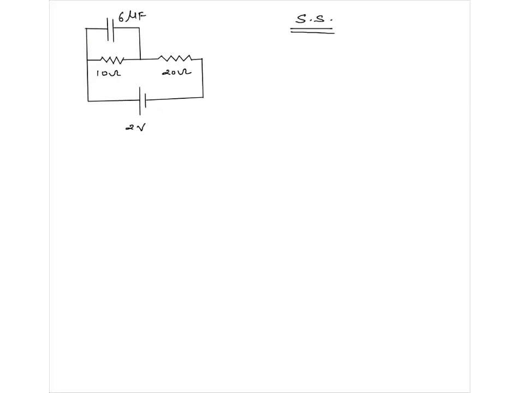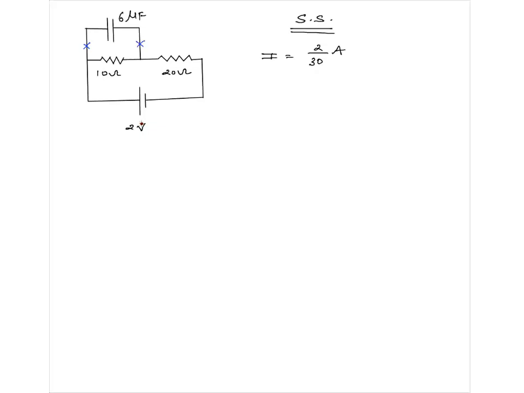So, just imagine it's not there for a moment. So, current will flow like this. And that means current would be 2 by 30 amperes. We want charge.